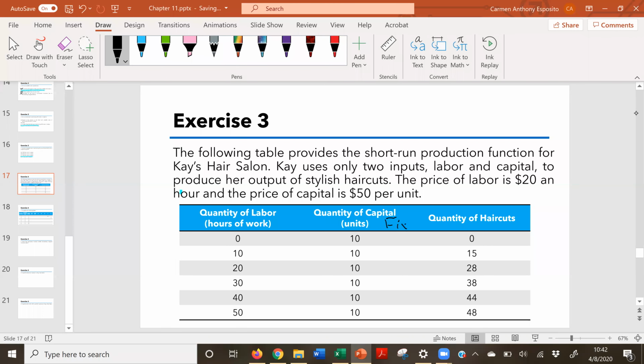And when you have one of your inputs fixed, that's implication for the short-run production function. And then that implies that the variables are labor. So some combination of labor and capital gives us number of stylish haircuts.